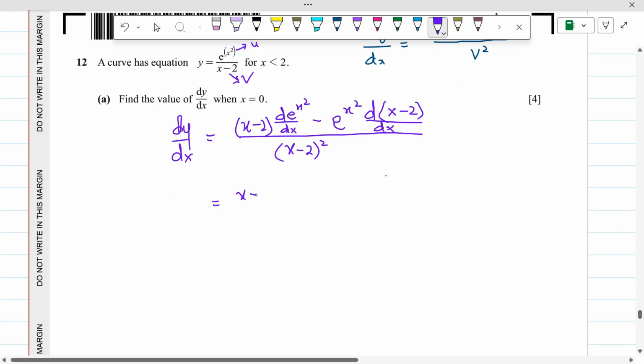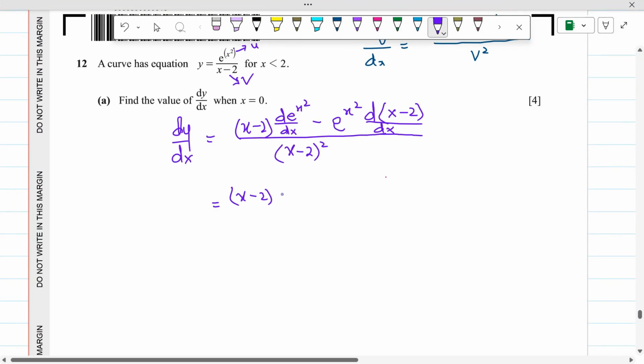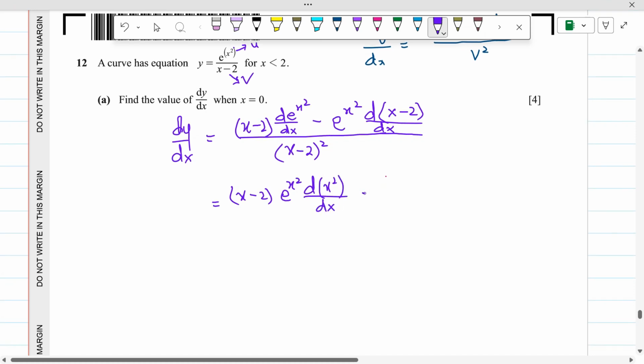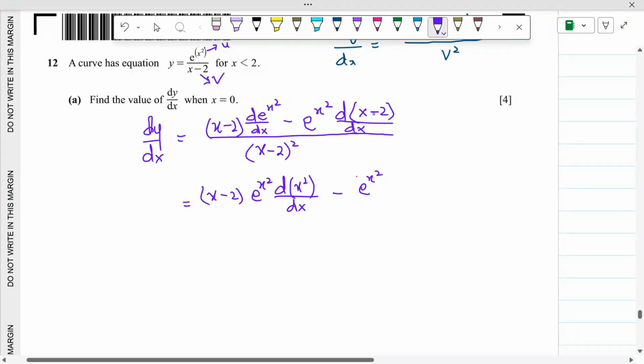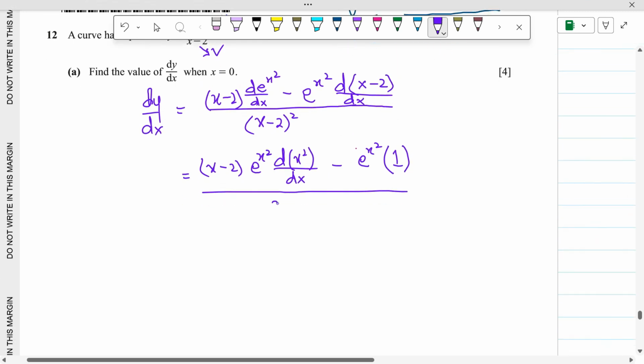Now x minus 2 remains the same, derivative of the exponential term will remain the same, so exponential of x square, and derivative of the power, meaning derivative of x square with respect to x, minus exponential of x square, then derivative of x is 1, and derivative of the constant negative 2 is 0, so this one is 1, over x minus 2 whole square.